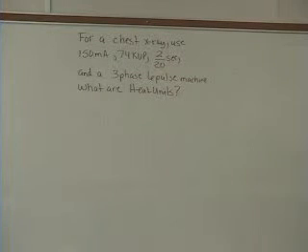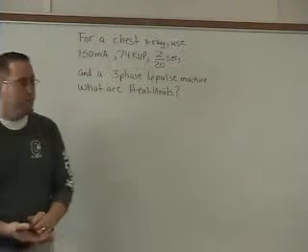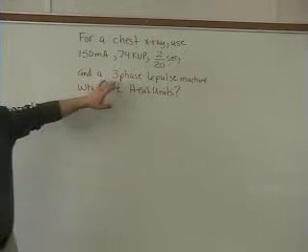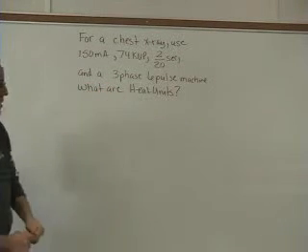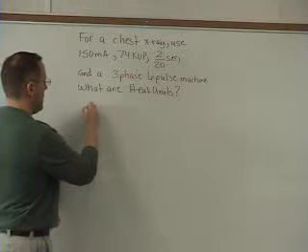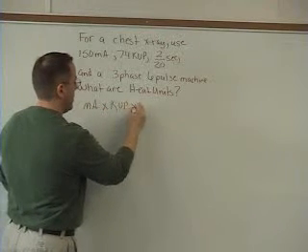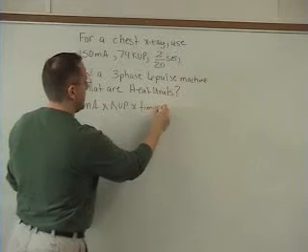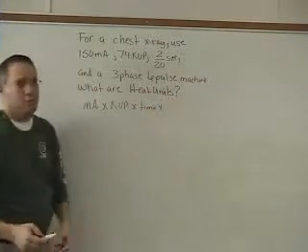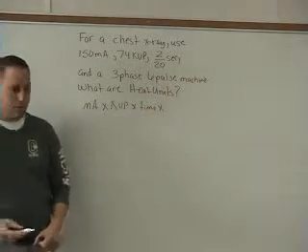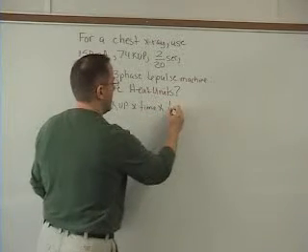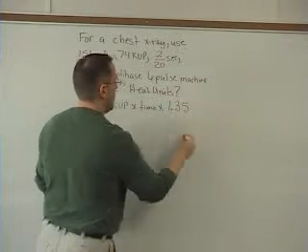Here's a problem. For a chest X-ray, use 150 mA, 74 kVp, 2/20ths of a second, and it's a 3-phase 6-pulse machine. So we know we're going to multiply the mA times the kVp times the time times, what's the other number? 1.35, because it's a 3-phase 6-pulse machine.